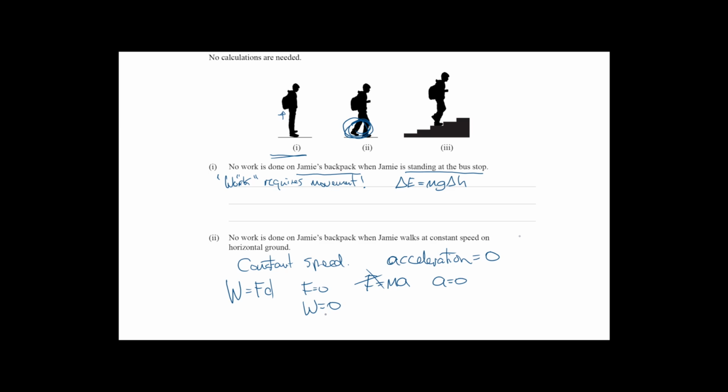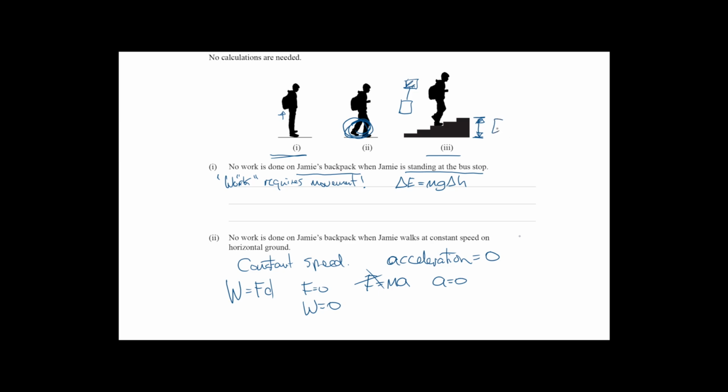The next one is cut off. So stay at part 3. Part 3, he is doing work on his backpack because he is changing the height that his backpack is moving from here to here, presuming that he's not the Hunchback of Notre Dame. So his backpack was here and now it's up here.